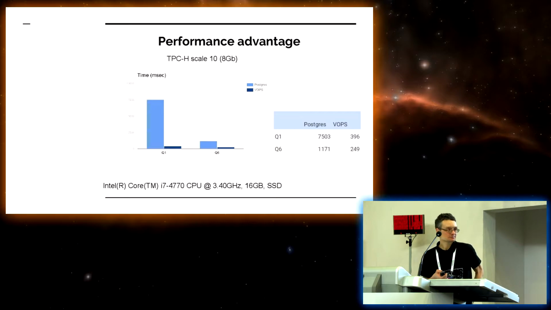Q6 is another query, but it's more about filtration, less about aggregation. As we saw, the filtering does not take so much space, so the win here is not so big. It's not about 20 times, it's just about 5 times, but still it's not so bad.